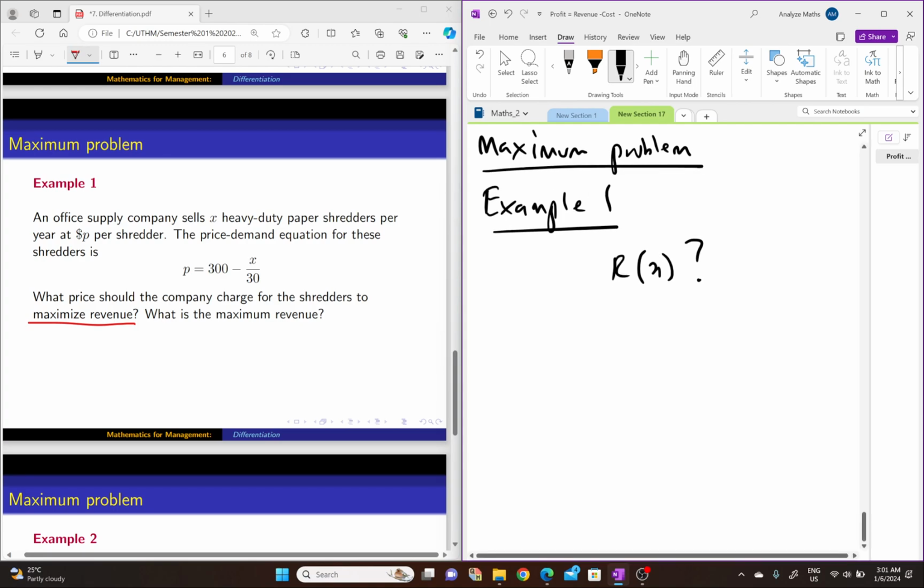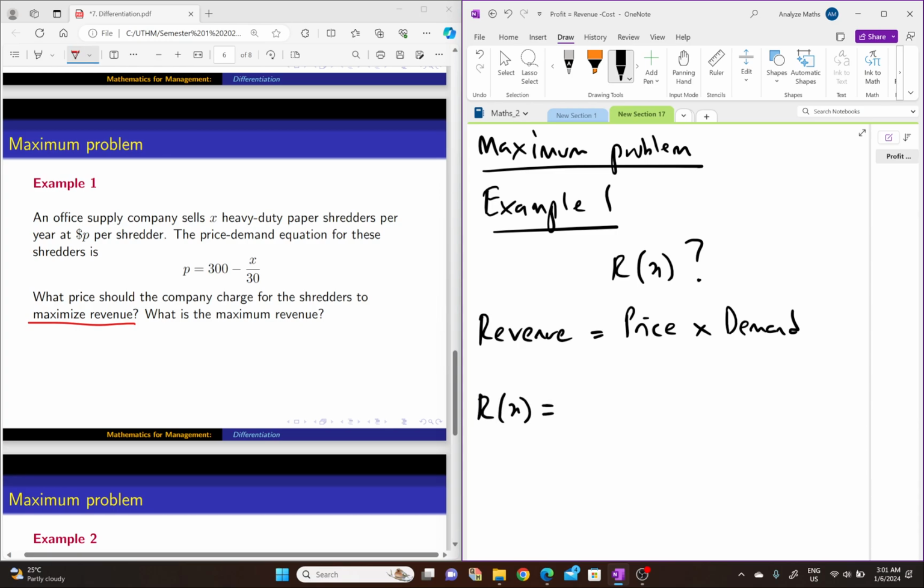Previously we have seen revenue is equal to price times demand. So revenue R of x: price is given there, 300 minus x over 30, and demand is just x.